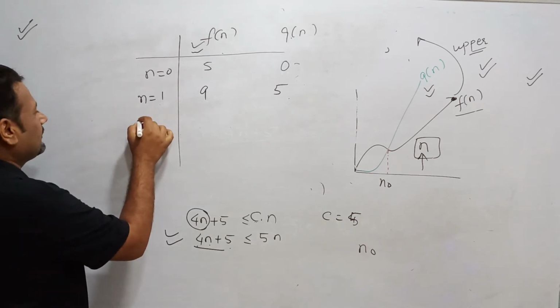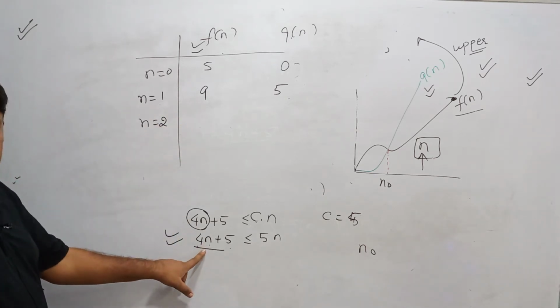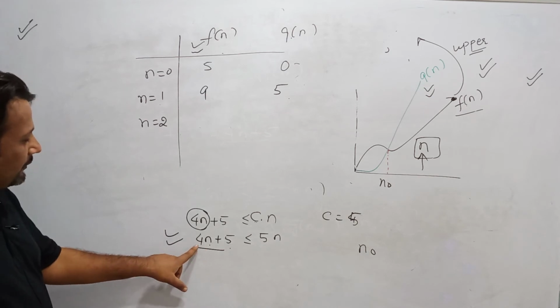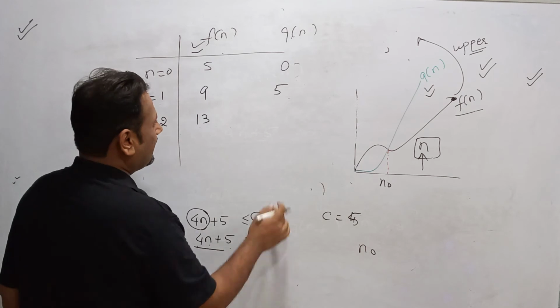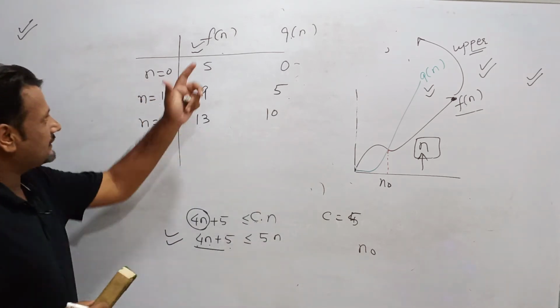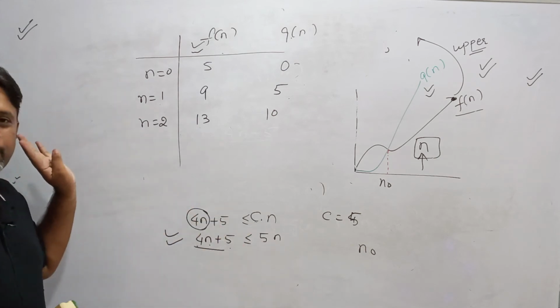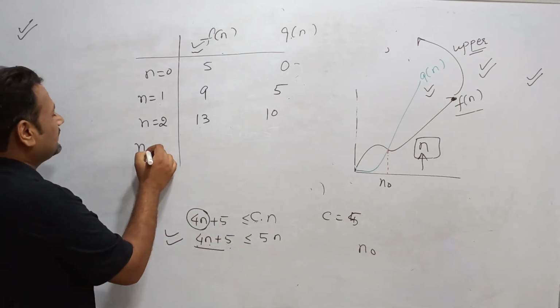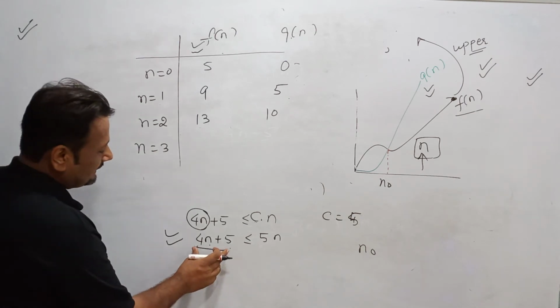Let me take n equal to 2. If I replace n by 2, 4 twos are 8 plus 5, 13. And here I'll have 10. You can see f(n) is still higher than g(n). We cannot prove this. Now let me take n equal to 3.